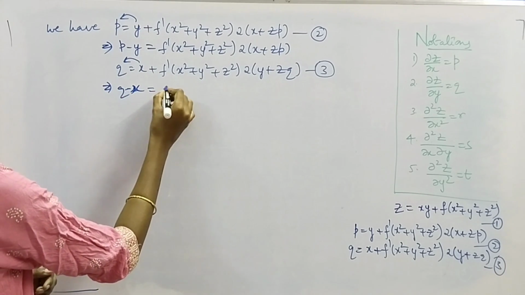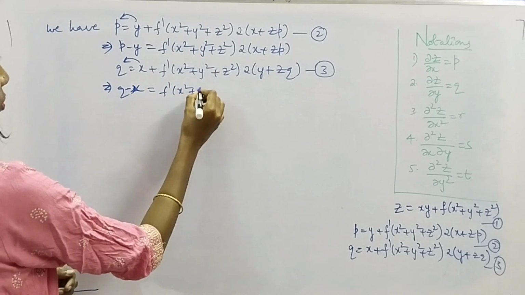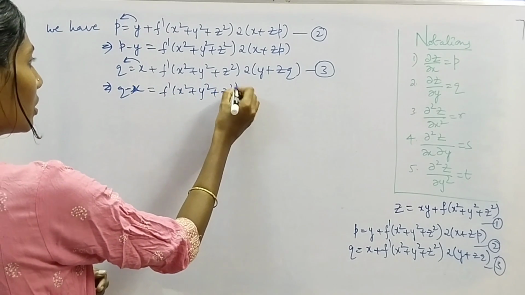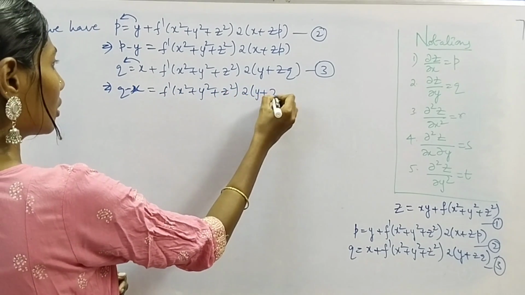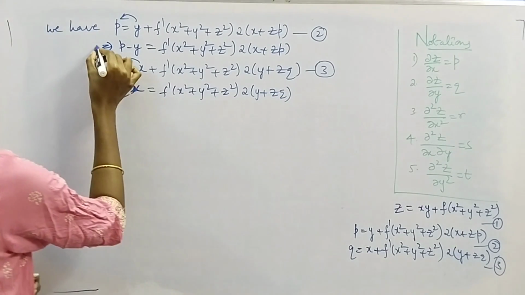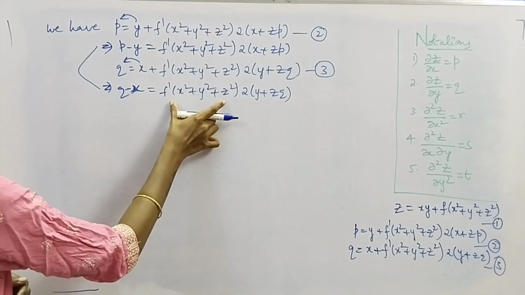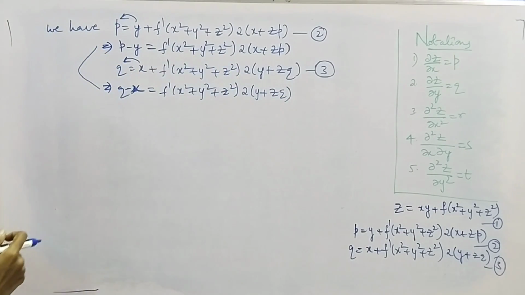Q minus x equal to f dash of x square plus y square plus z square into 2 into y plus zq. Now from these two equations we can just eliminate f dash of x square plus y square plus z square.